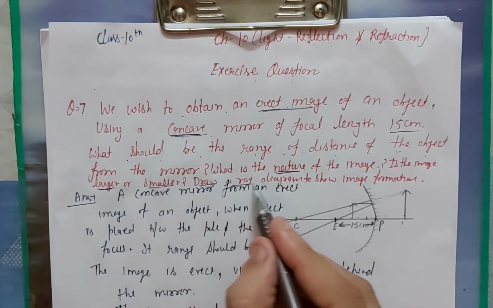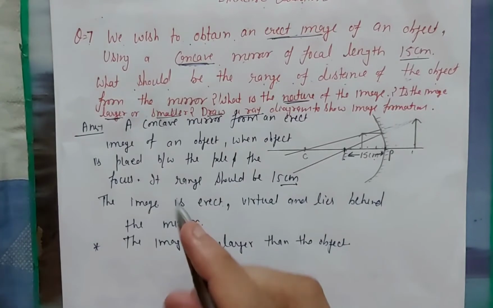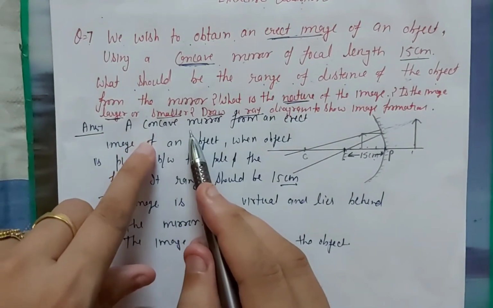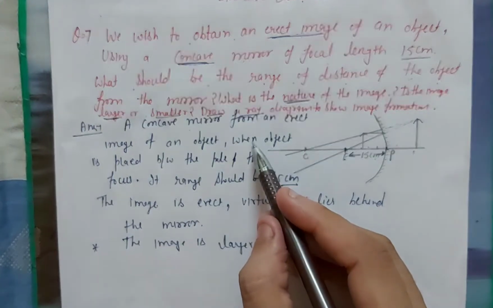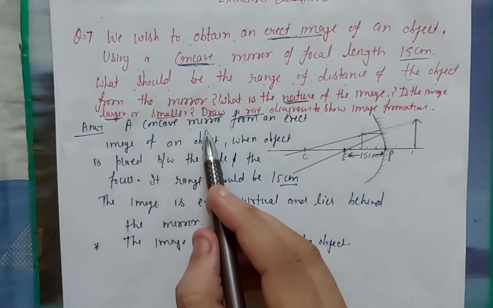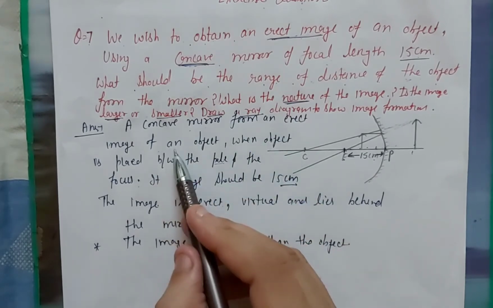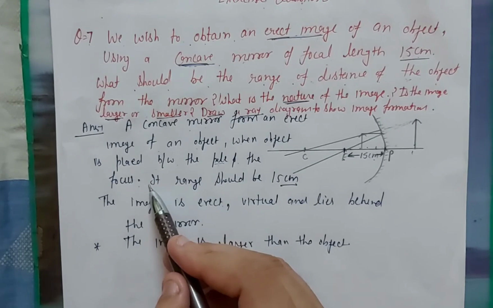Draw a ray diagram. As we know, only a concave mirror can form an erect image, when the object is placed between the pole and the focus.